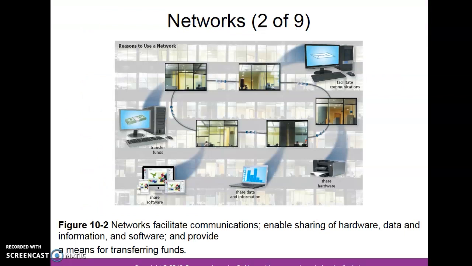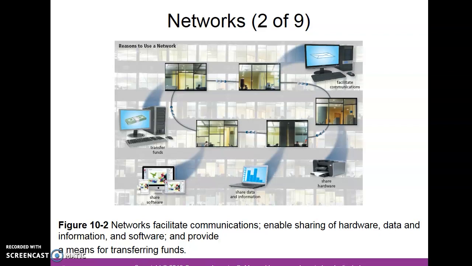By using a network, people communicate efficiently and easily via various communication platforms such as email and instant messaging. Then each computer or device on a network can be provided access to hardware on the network.